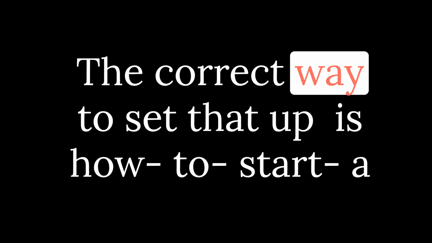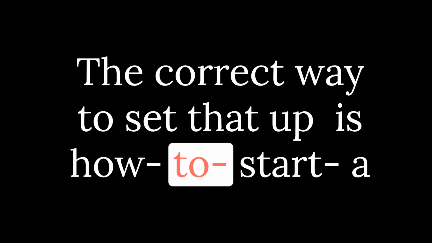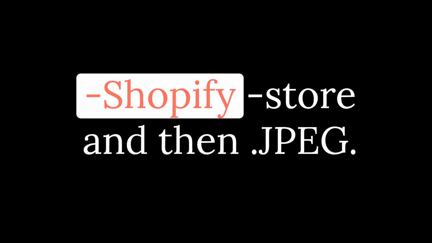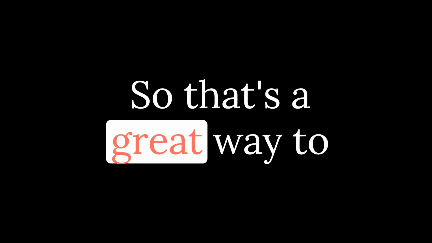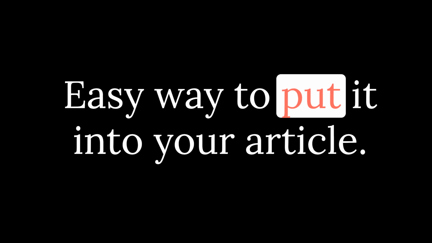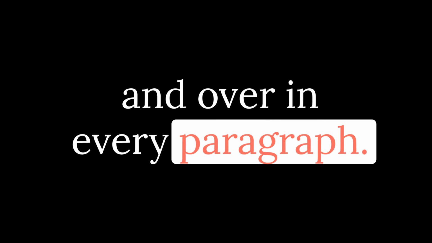The correct way to set that up is how-to-start-a-Shopify-store.jpeg. So that's a great way to include those main keywords, an easy way to put it into your article without sounding redundant over and over in every paragraph.